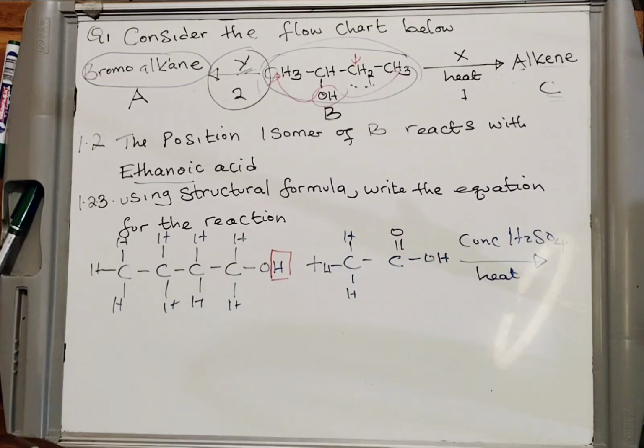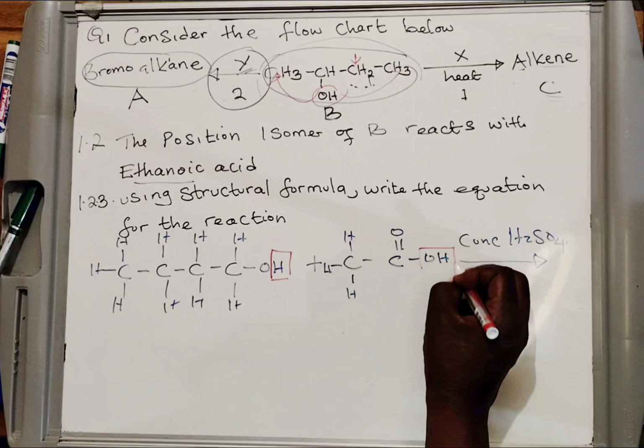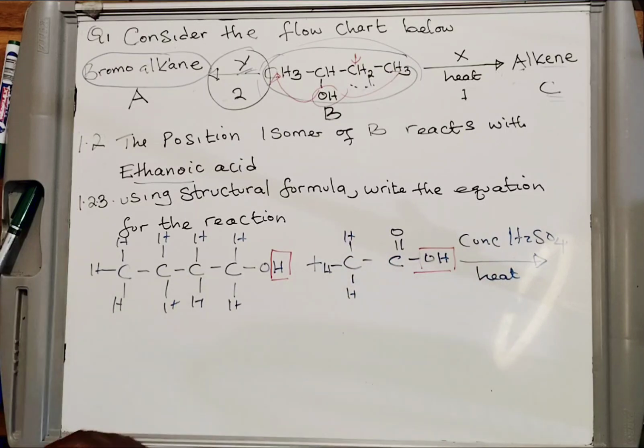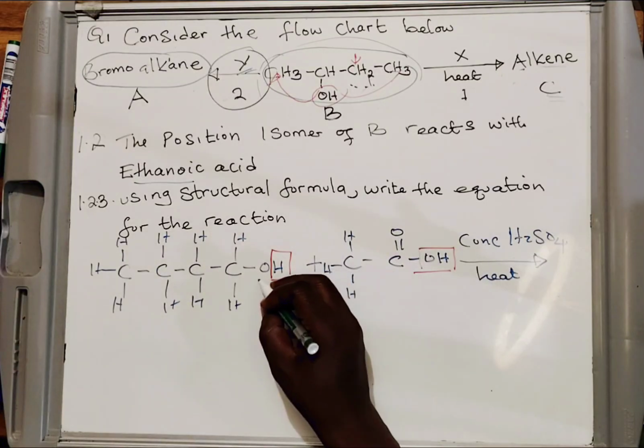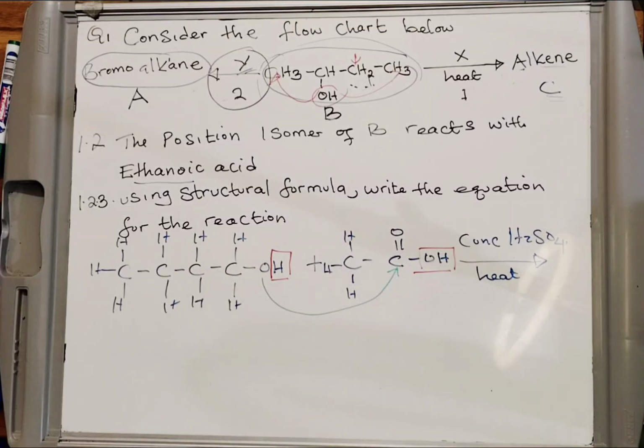Thank you. We have to remember that our carboxylic acid loses OH. Now, you have also to remember that between the two parts which have been cut, those are the parts which join.